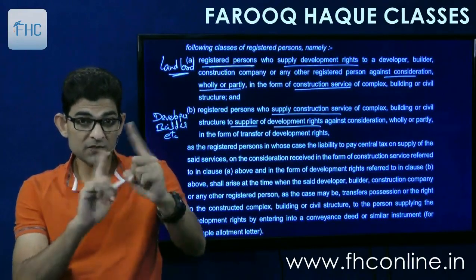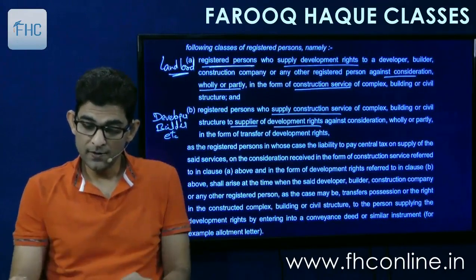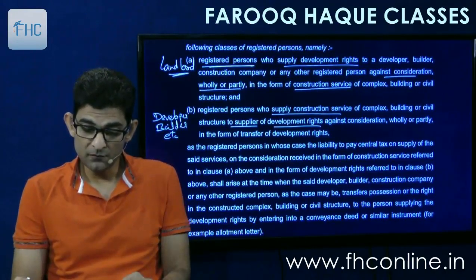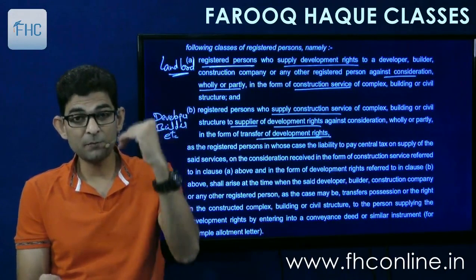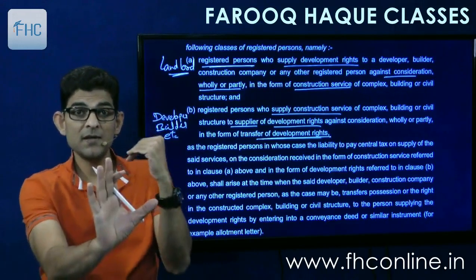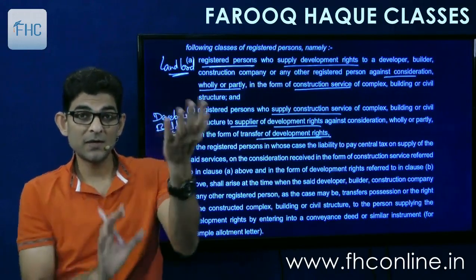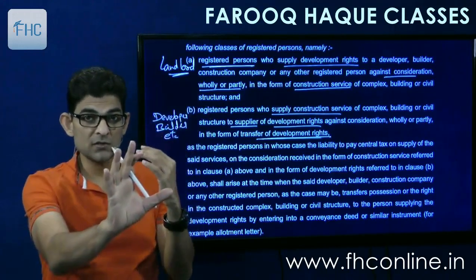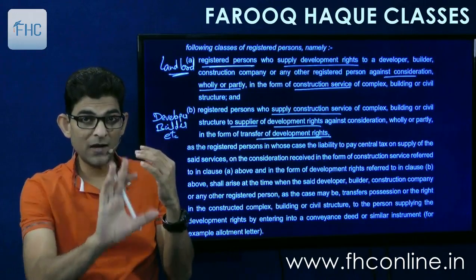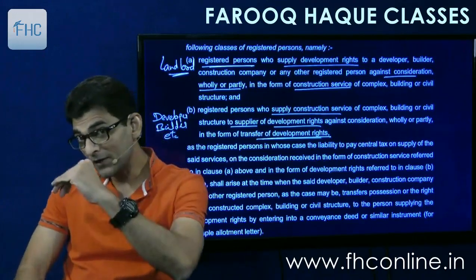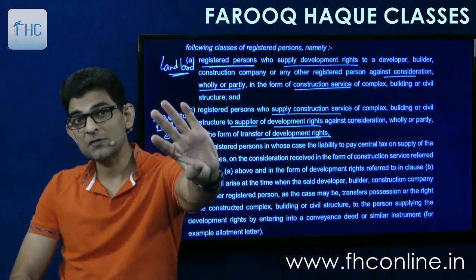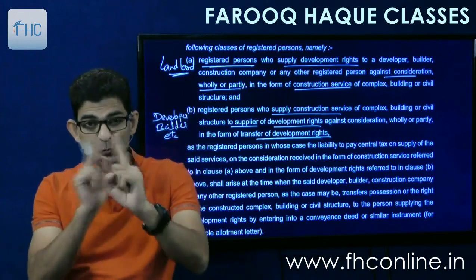So it is vice versa, as I told you. Against construction wholly or partly in the form of development rights. So what he is getting is the development rights, and what he is giving is the constructed flats. So I get development rights, I give you construction service. You are the landlord, I am the builder. From your perspective, you are giving development rights and getting construction service. So it's that vice versa thing.